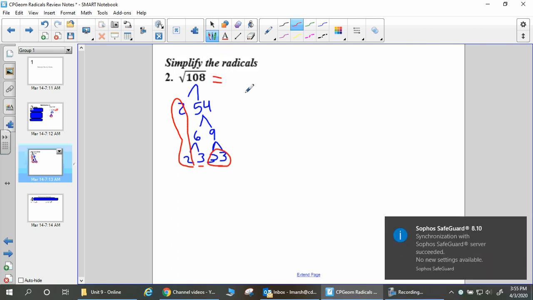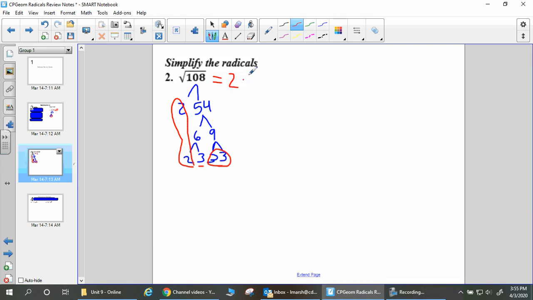So what I have is a pair of 2s times a pair of 3s on the outside, and inside I have a single 3. So that's going to make my final answer 6 square root 3. So hopefully this is something we remember.